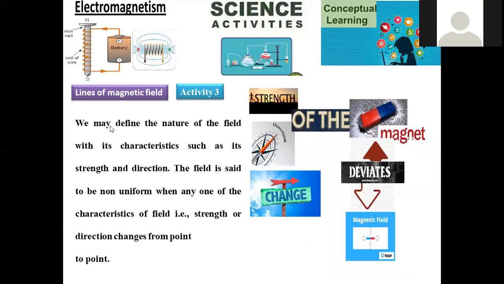So let us see in detail. We may define the nature of a field by characteristics such as strength and direction. The magnetic field purely depends upon the direction and the strength of the given magnet. The field is said to be non-uniform if the strength and the direction are non-uniform.